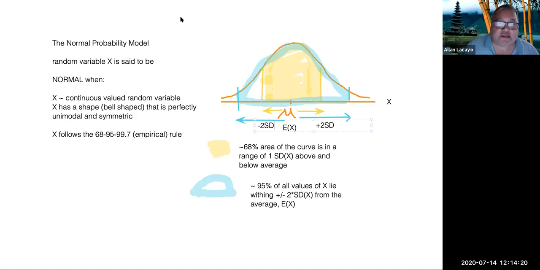And last but not least, if I'm looking at a region that includes this purple region, the purple region encompasses the blue region and the yellow region.